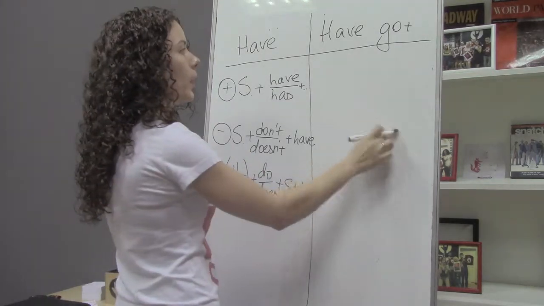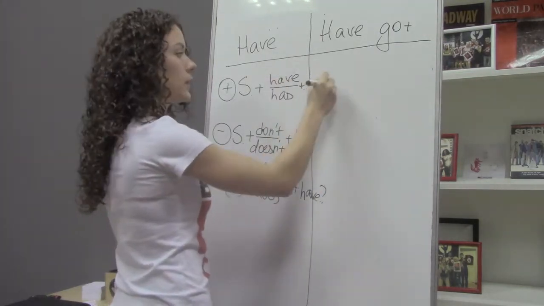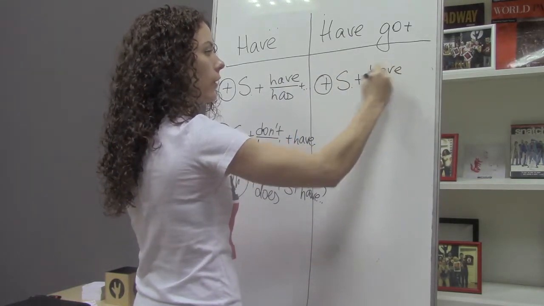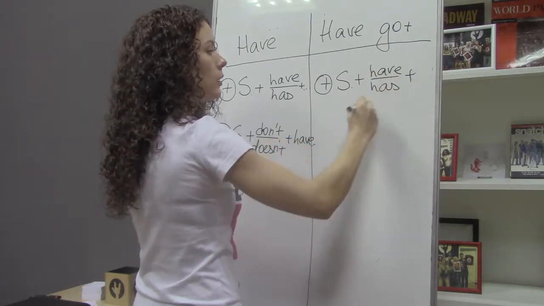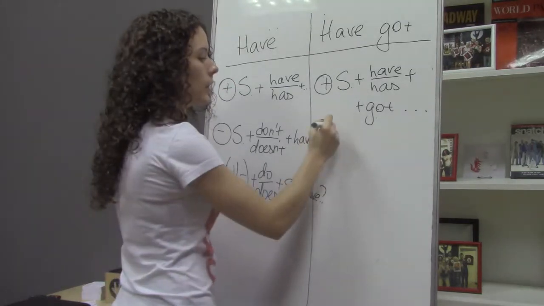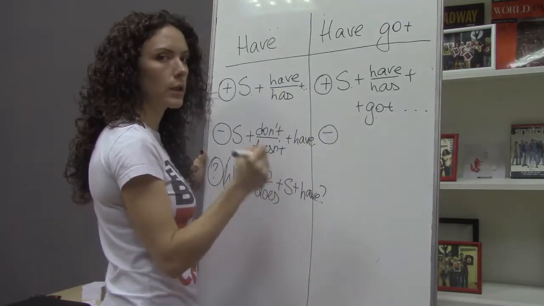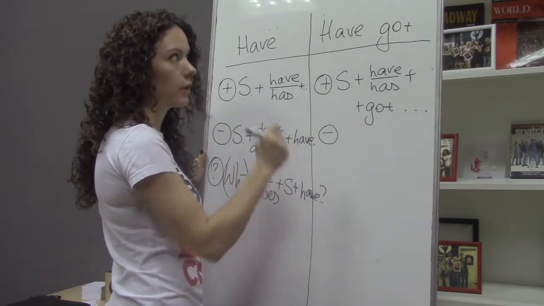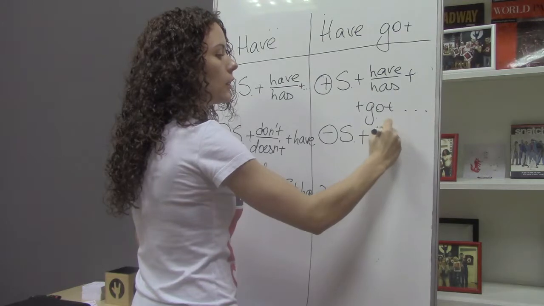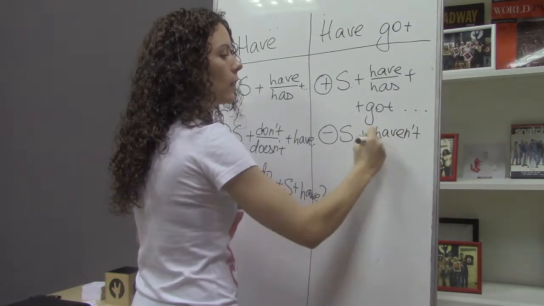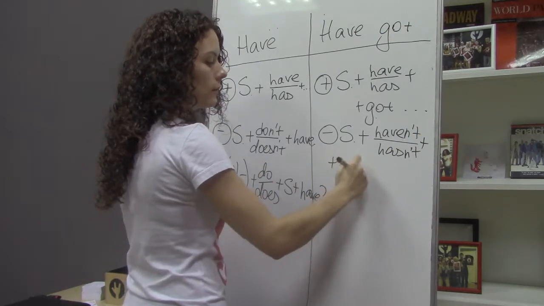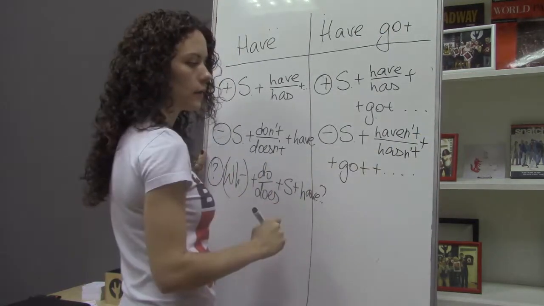For example, have got is different. You use a subject, then the verb have or has, plus got, and everything else. Negation: you don't use helping verbs in the negation of the have got structure. You use haven't or hasn't, plus got, plus everything else.